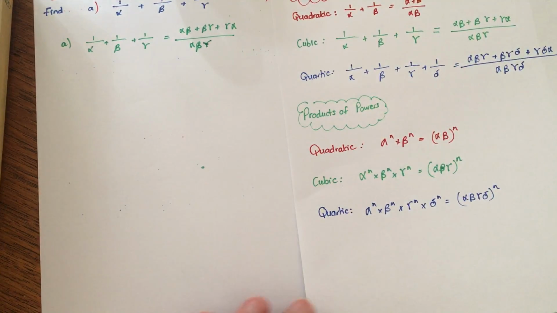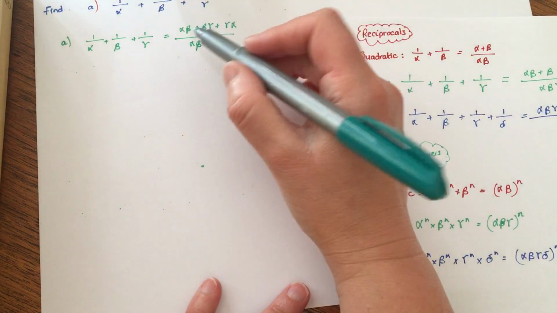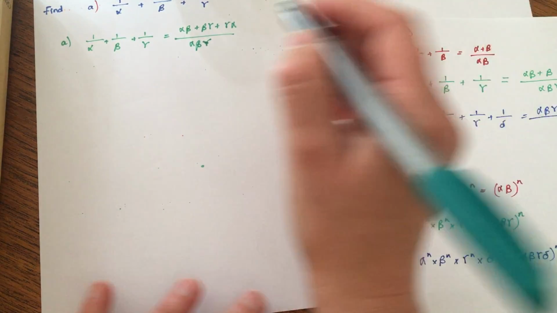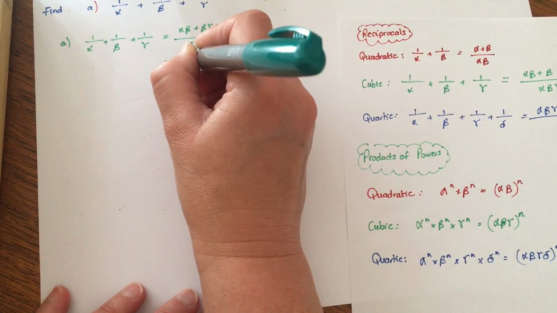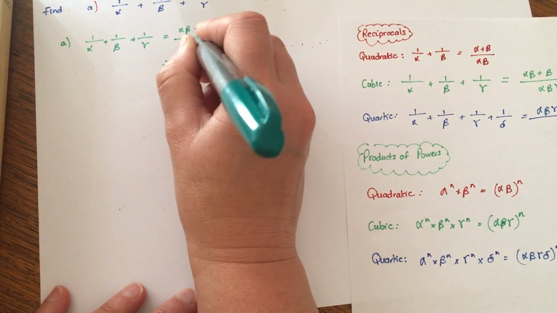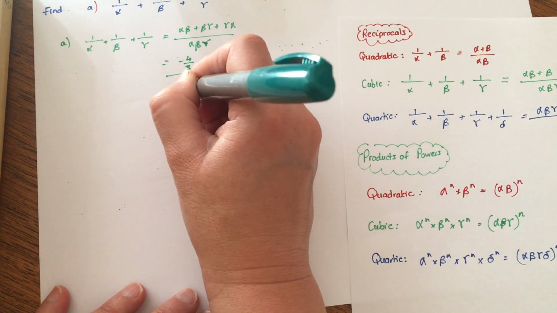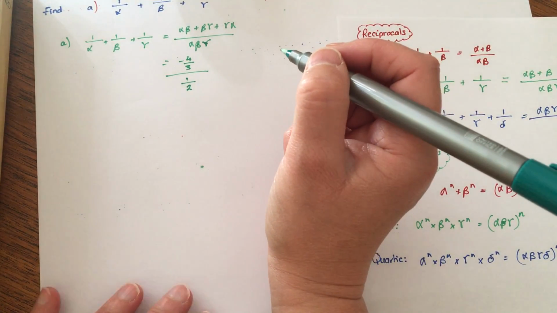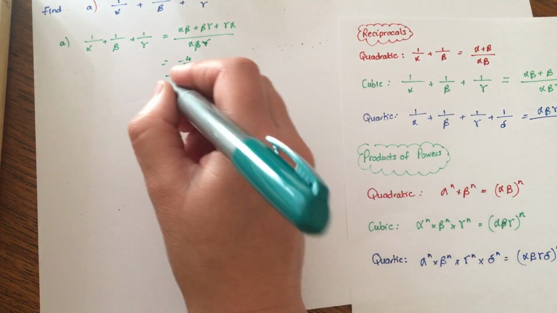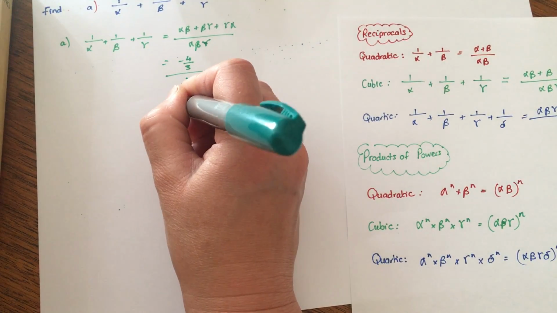And you put delta in there. So this one here is this one, so minus 4/3. Alpha beta gamma is a half. So minus 4/3 over a half is minus 8/3.